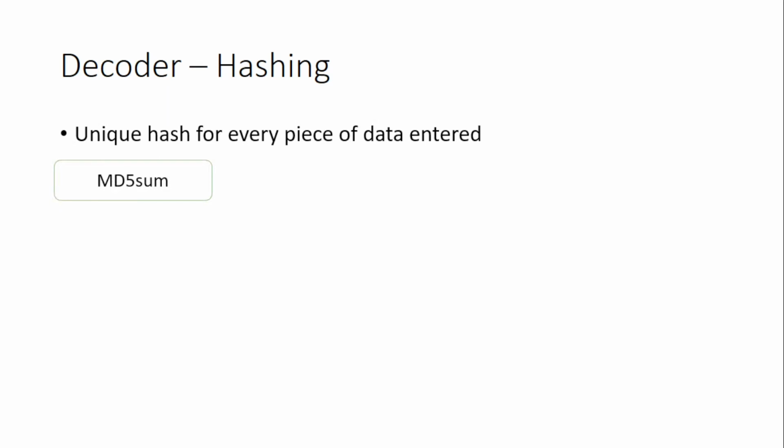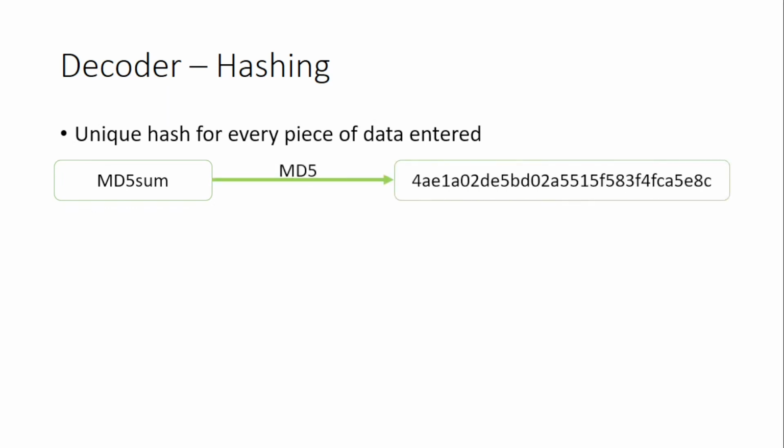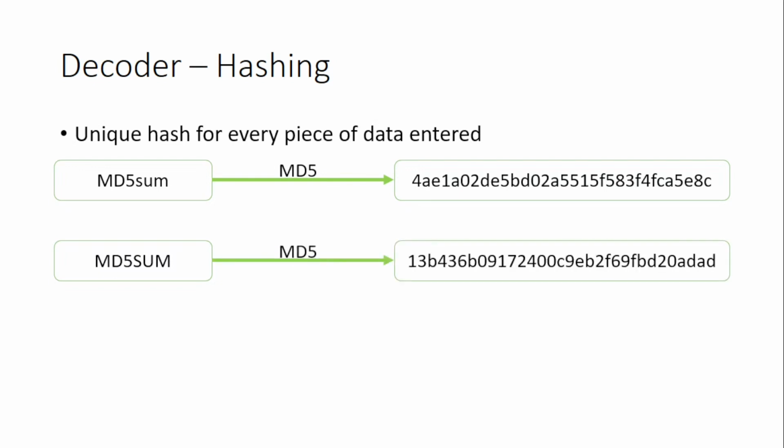So for example, if we take this word MD5 sum and we generate the hash using the MD5 algorithm, we'll end up with this hash. But if we have this one, where sum is completely in uppercase, and we generate its MD5 hash, we'll end up with this hash, which is different from the first one.